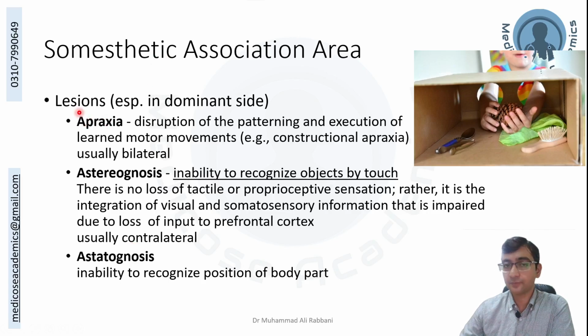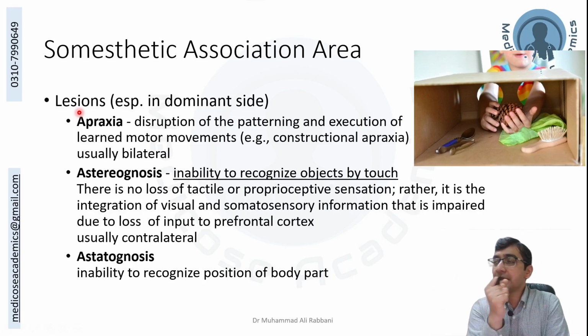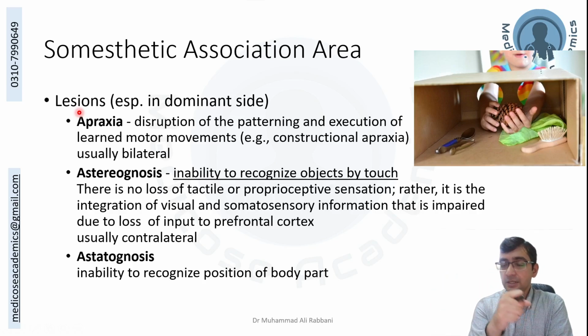Then there is apraxia. Apraxia is the loss of skilled movements, loss of learned movements, disruption of patterning and execution of learned movement. That is the thing that we discussed in the premotor area, but somatosensory association area damage also leads to it.